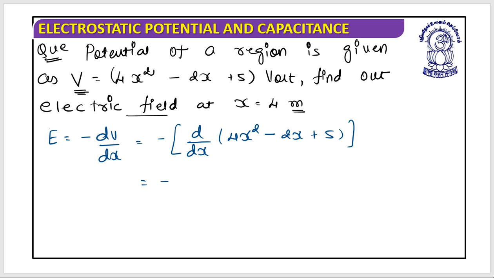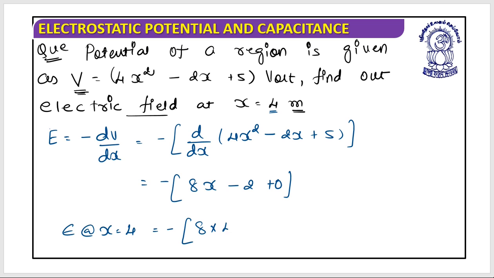So that is minus of 8x − 2, and differentiation of any constant would be 0, so I put it as 0. I require the electric field at x = 4, so let's replace x with 4. So 8 into 4 minus 2, that is 32 − 2, which is 30, but with the minus: −30.